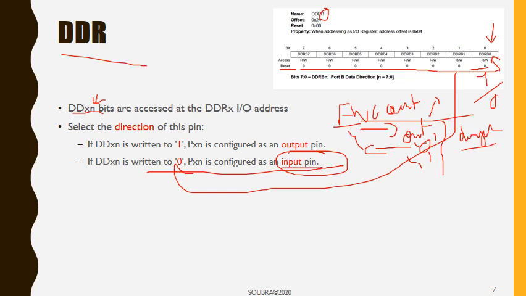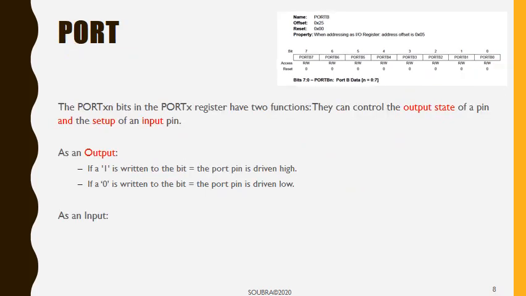Alright, so DDR is for the direction. What are the other two registers? So let's consider that we're dealing with outputs. So the port register is concerned with the output pins.